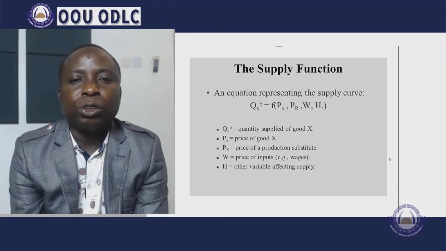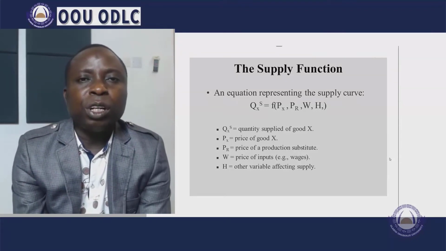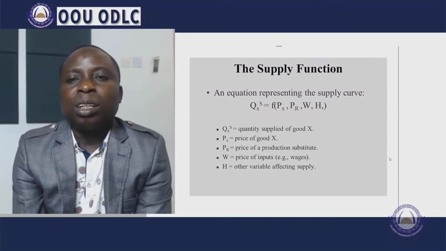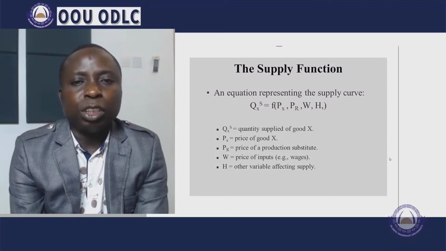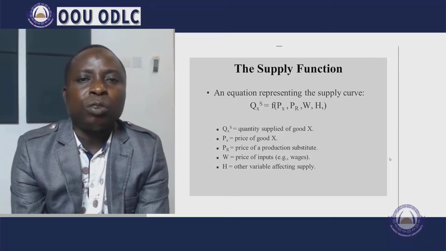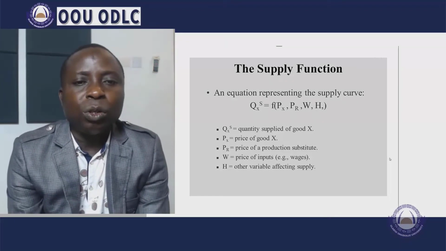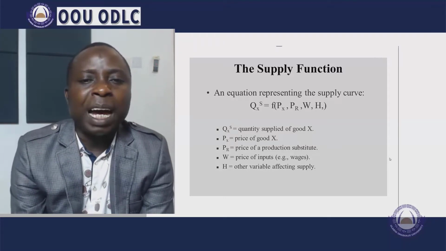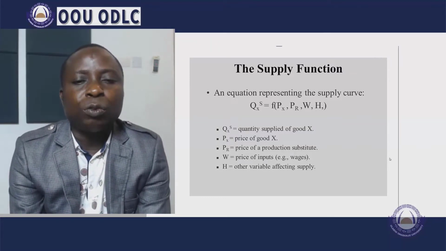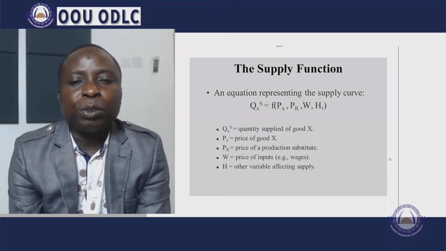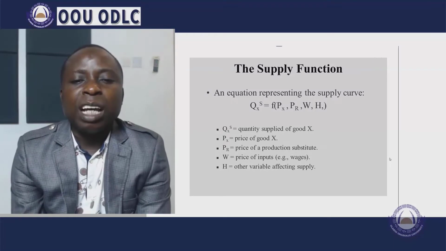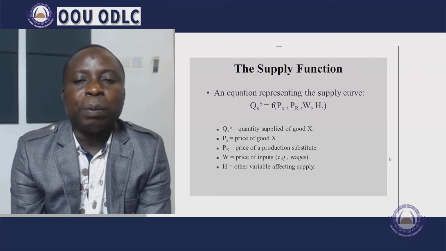The supply function. Supply function is a function that shows a mathematical relationship between quantity supplied and determinants of supply. Equation 1 shows that the quantity supplied is a function of price of goods, price of a production substitute, price of inputs, and other variables affecting supply.